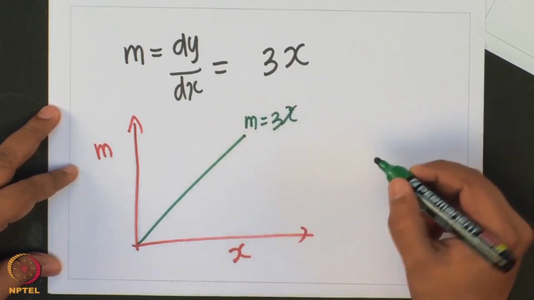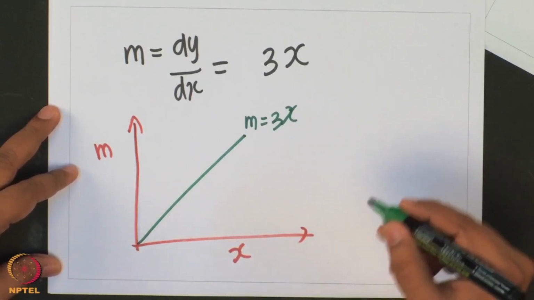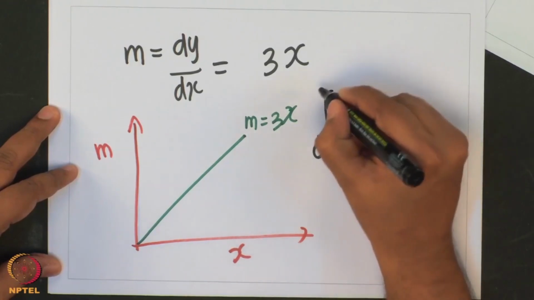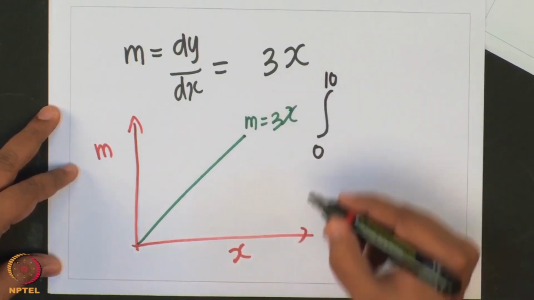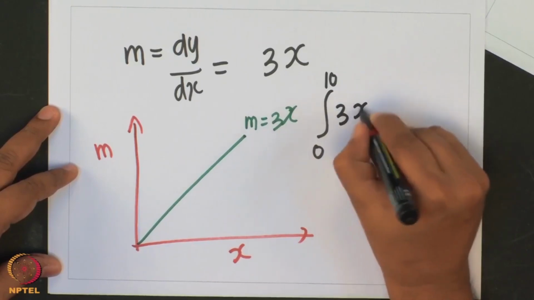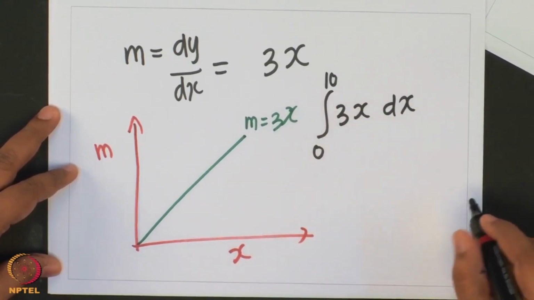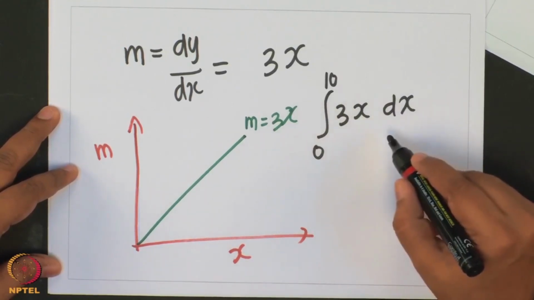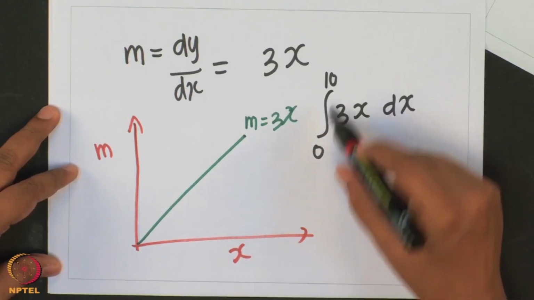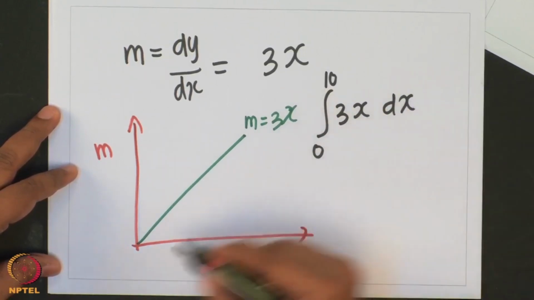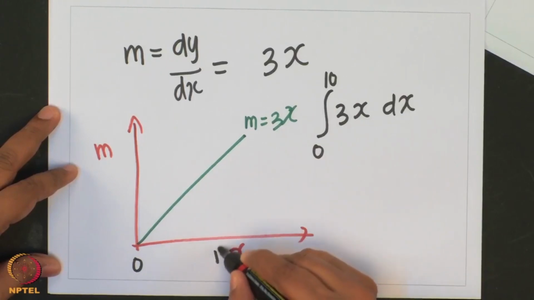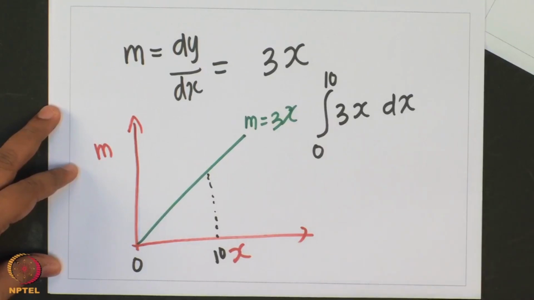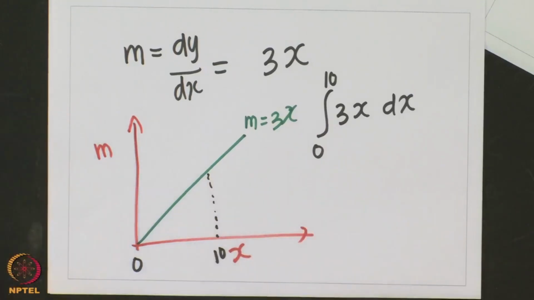If I want to integrate this from 0 to, let us say, 10, that is, I want to calculate the integral from 0 to 10 of m dx, which is 3x dx, I take these two points, 0 and 10, and calculate the area under this curve.